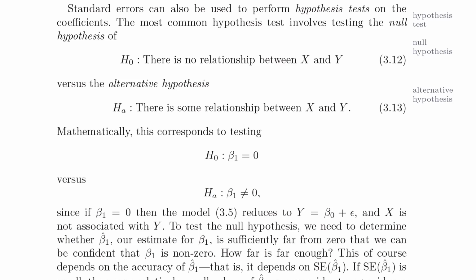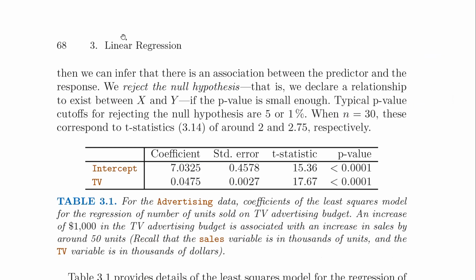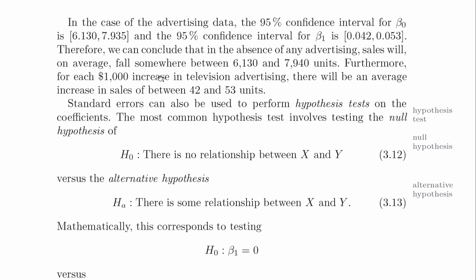Then the alternative hypothesis would be there is a teapot orbiting the Earth. But you don't use them interchangeably. This is like innocent until proven guilty. The innocent is normally the null hypothesis.